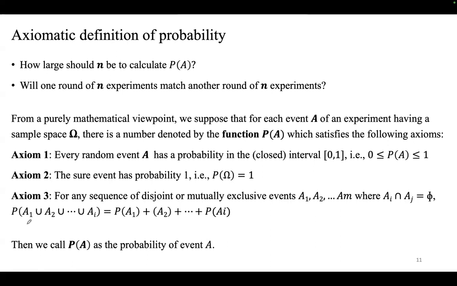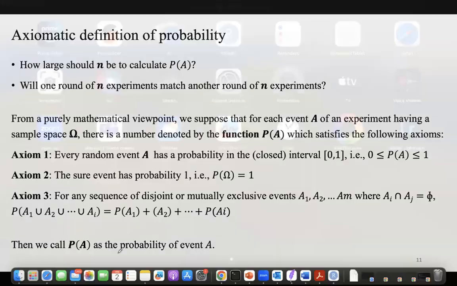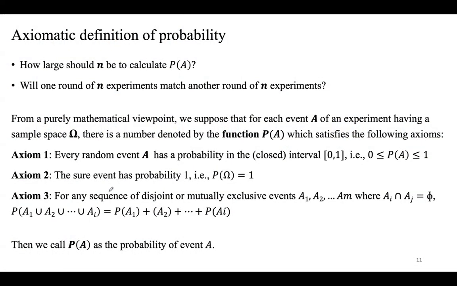So when you do an experiment enough number of times, the value that it approaches finally is actually going to satisfy these 3 axioms, and that value is called the probability of that event. That's how the theoretical definition of probability is defined. Now, of course, in real life, when you're solving questions, these things will not exactly be of any use.